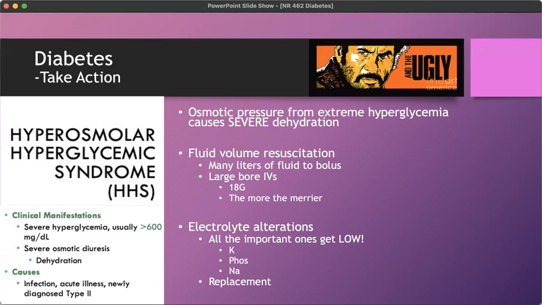And the reason we monitor these three is that these are the three that are going to kill patients the quickest. Potassium and phosphorus, this is the heart. Sodium is the brain. So we don't want any of those things to stop working because then patients will die. So replacement of those electrolytes may be a part of our diabetes management.